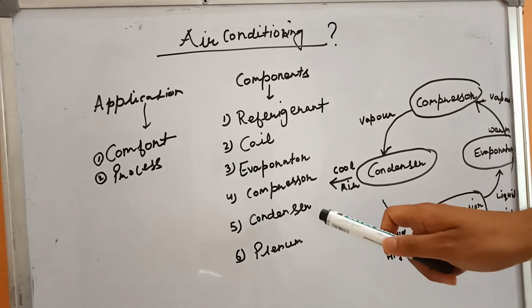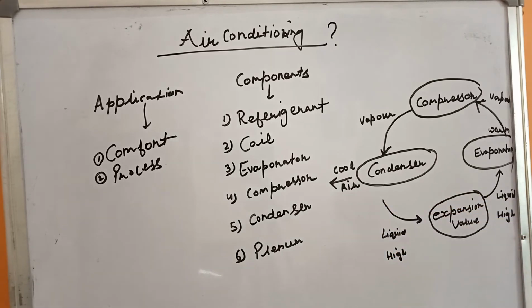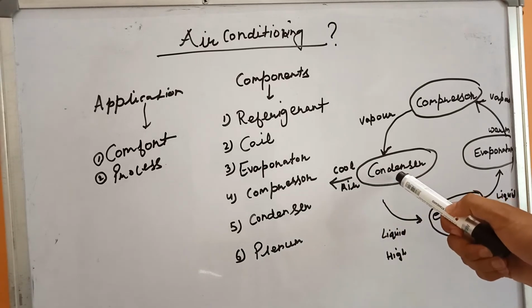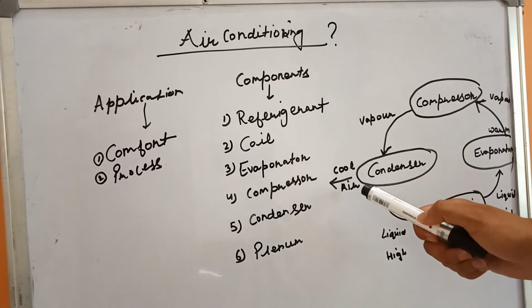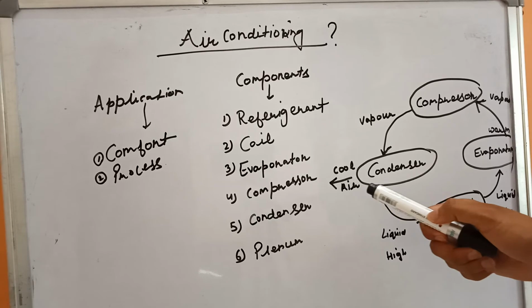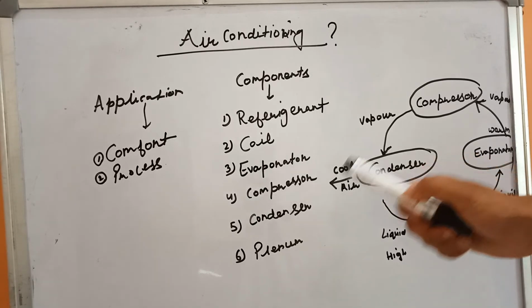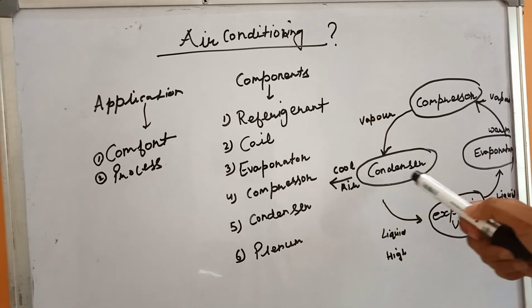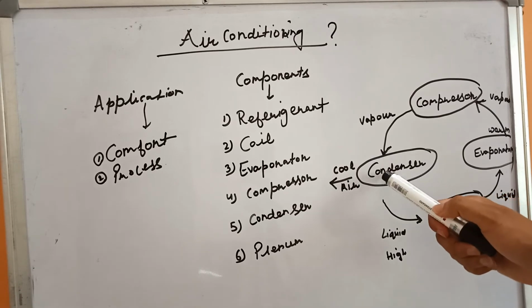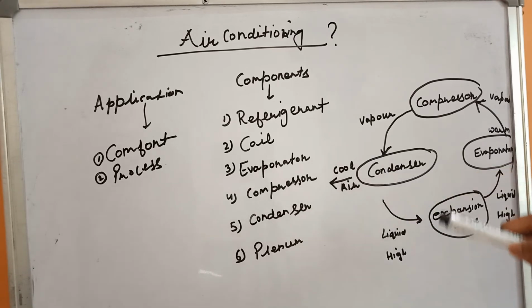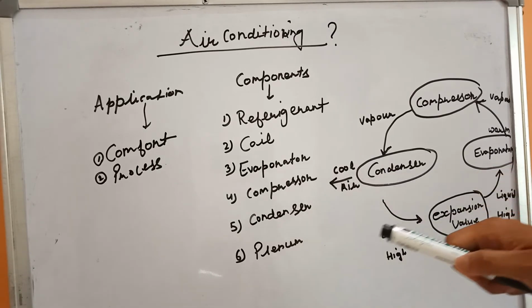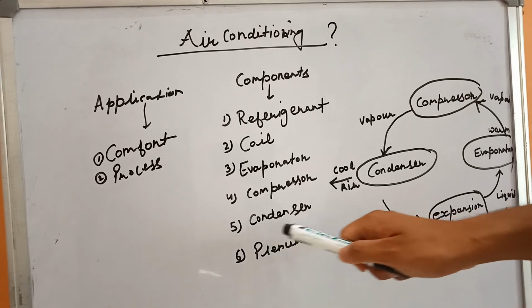And then comes condenser. Condenser allows the refrigerant to give off heat for providing the cool air, and the refrigerant in this part of the condenser also becomes liquid. So this was the condenser.